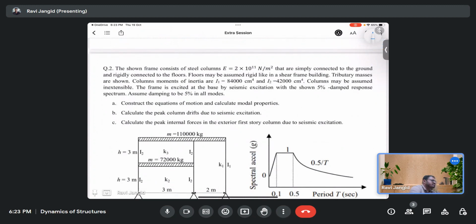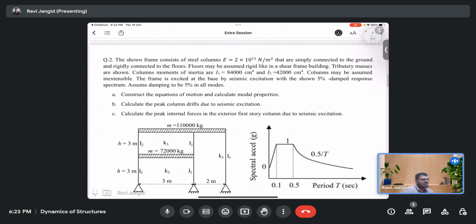So that is a very simple kind of question, but a very long question. In this, the shown frame consists of steel columns, with E equal to 2 times 10 raised to power 11 Newton per meter square, that are simply connected to the ground and rigidly connected to the floor.